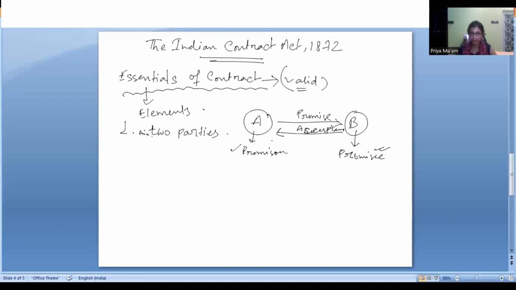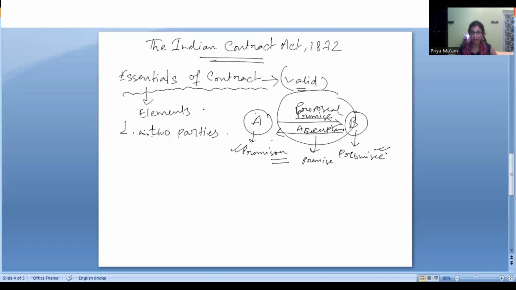So who is making the promise? That is the promisor, and who is accepting the promise? That is the proposal. So out of this transaction, it is a promise. We have read it already in our last class. Who is making this promise?